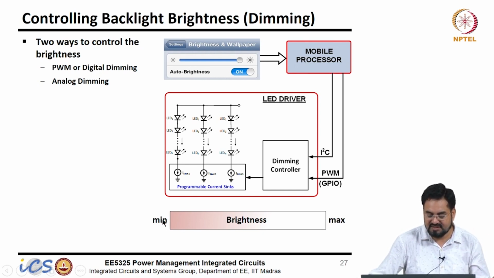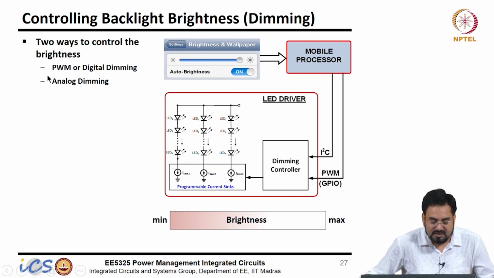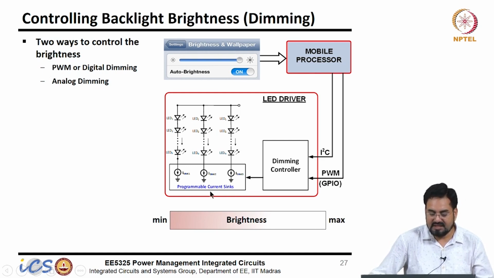So you can see on the left-hand side the minimum brightness, right-hand side is the maximum brightness, based on in which direction you move the slider. This current can be controlled in different ways. One is PWM or digital dimming, other is analog dimming. So we will look into them one by one.